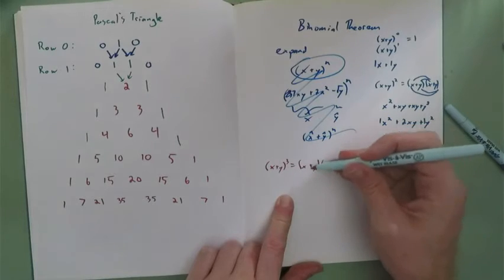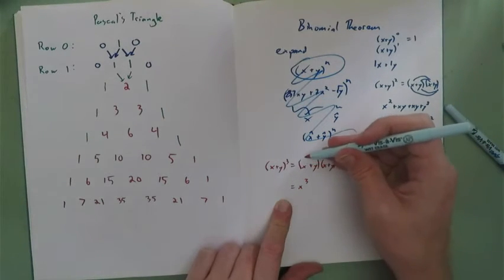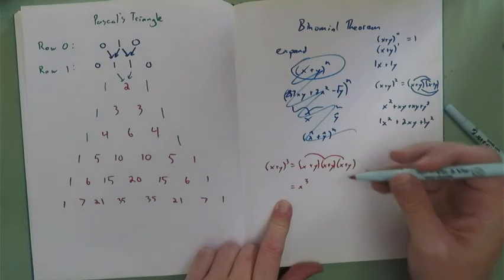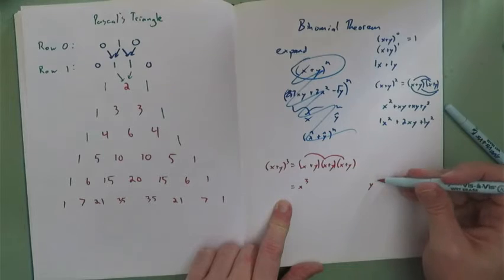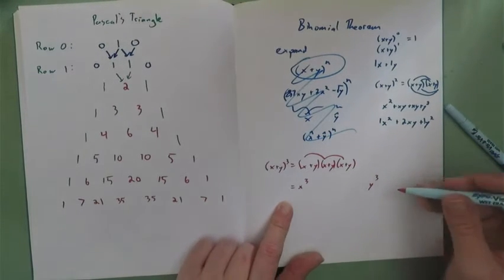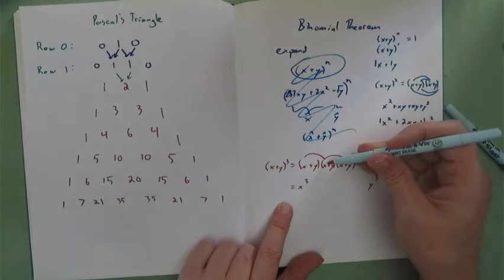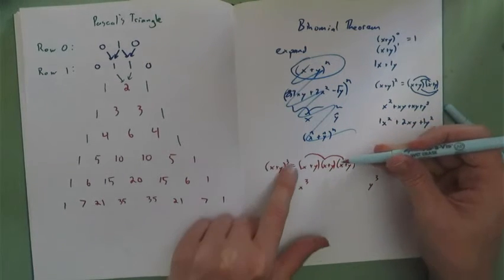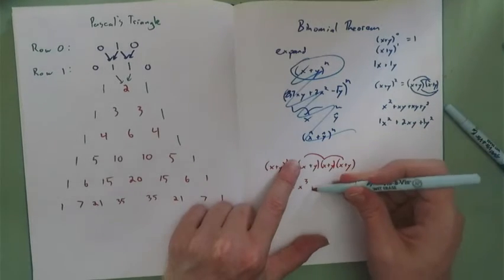So we're going to have x times x times x gives us an x cubed. We're going to have a y times y times y gives us a y cubed, which I'm going to put over here. We're going to have an x times x times a y, so we've got xxy.